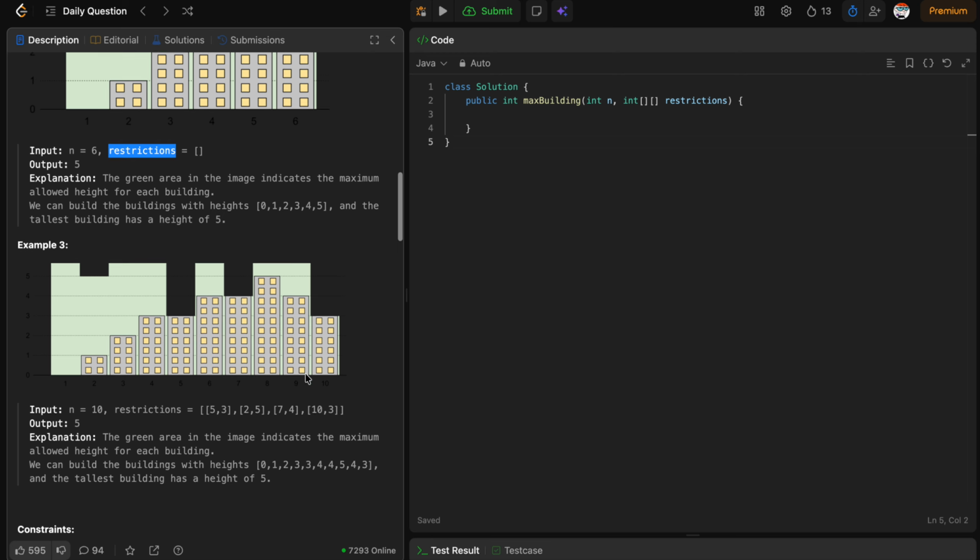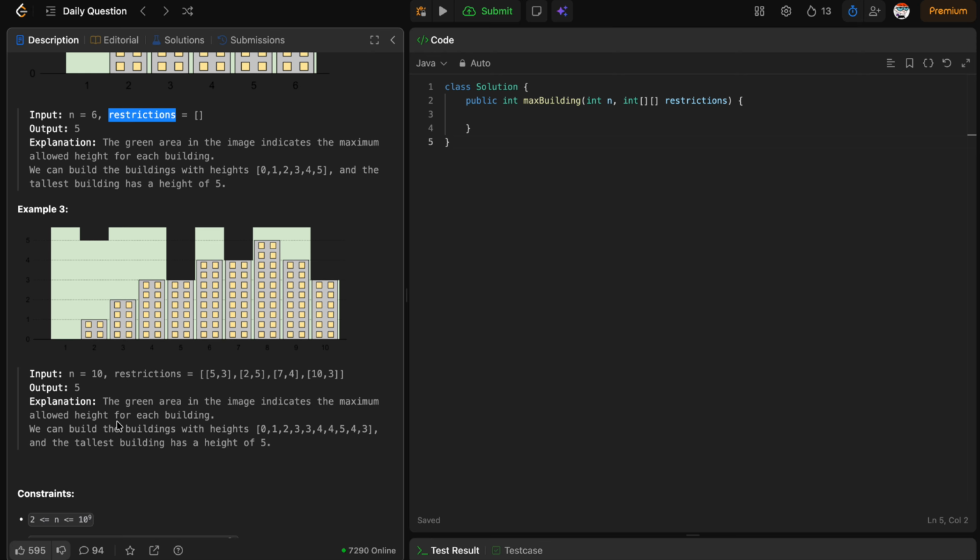Okay, this is one thing. And for buildings 2, 3, 4, 5, 6, 7, 8, 9, 10, we also need to know that suppose we need to find the maximum height between 2 and 10.